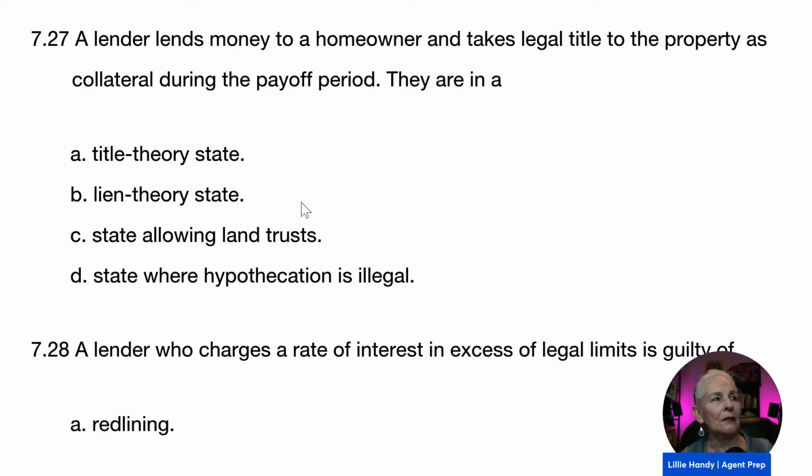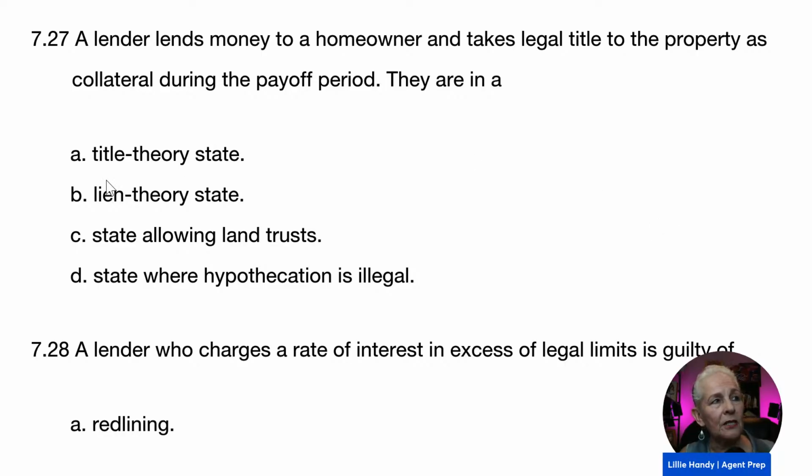So a lender lends money to a homeowner and takes legal title to the property as collateral during the payoff period. States that regard the mortgage document as a conveyance of ownership from the mortgagor to the mortgagee are called title theory states.